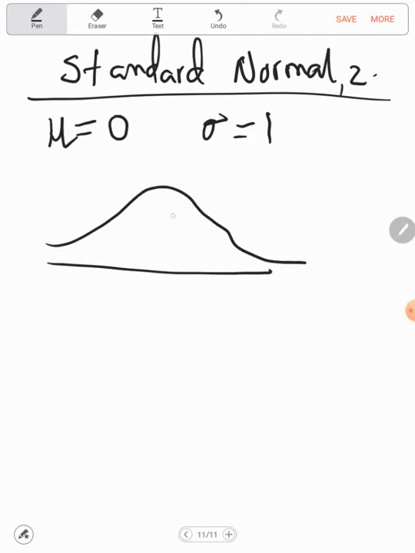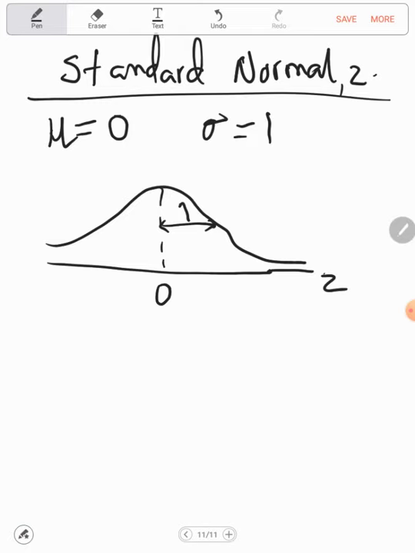Now I have something like that, where in the middle we have our mean, which is just 0, and this distance, which represents the standard deviation, is 1. So this is the special thing about the standard normal.